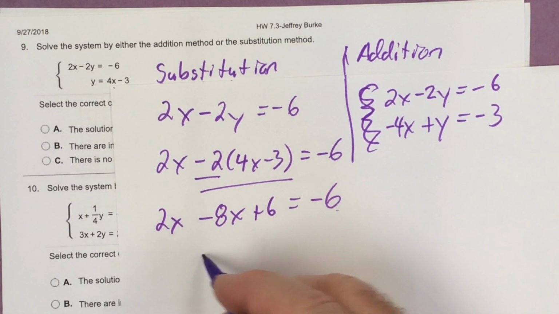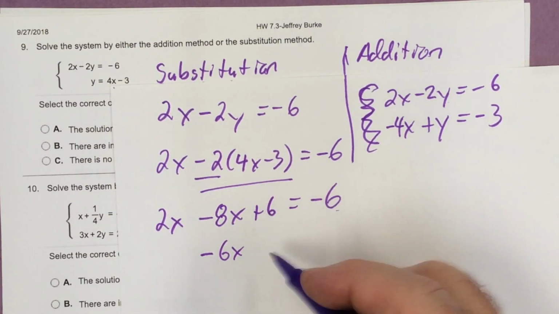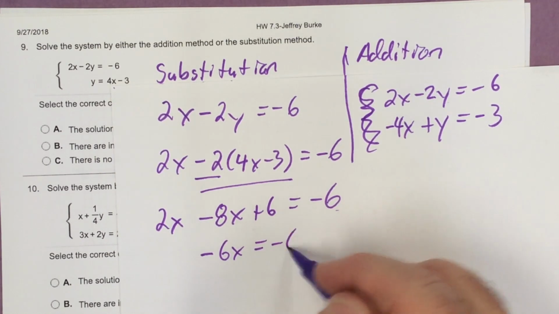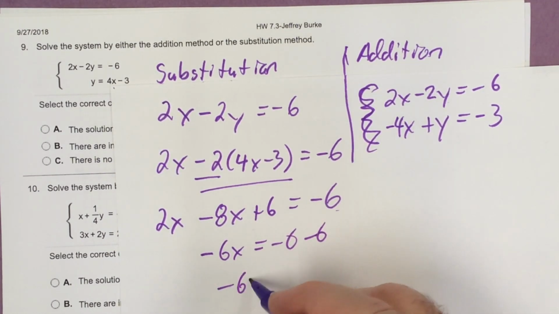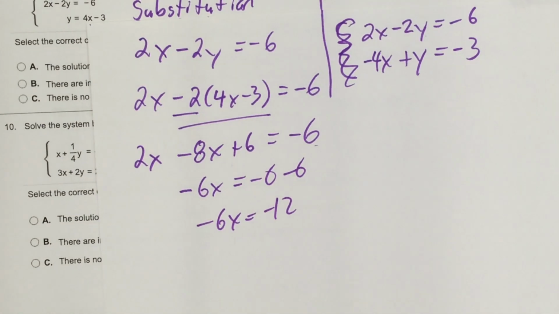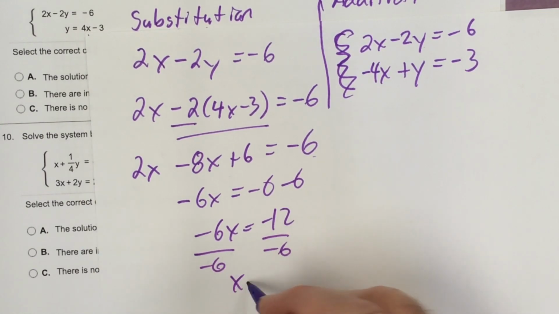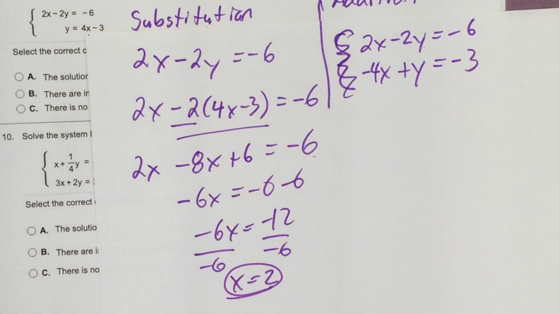So 2x minus 8x will be negative 6x, and that will equal negative 6 minus 6, or negative 12. If I divide both sides by negative 6, x will equal positive 2.